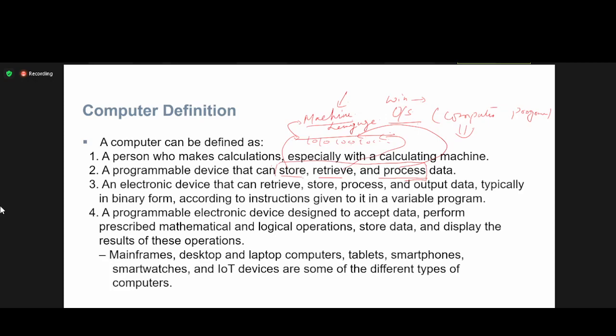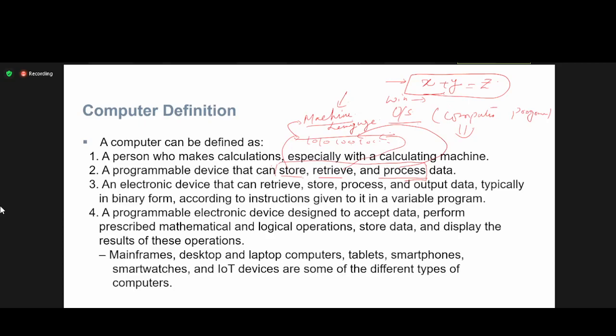So it's an electronic device which processes, retrieves, and stores binary information according to the instructions given to it in programs. In a program, you say, I want to add X and Y, and give me Z, right? So you write this equation and the computer will say, what is X?